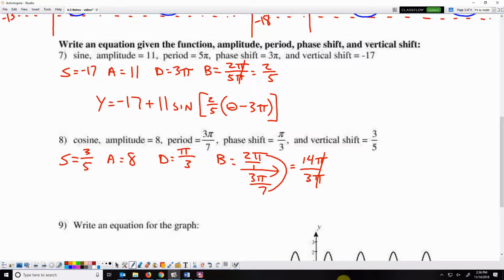So B is 14/3. Y equals sinusoidal axis, amplitude. Then I've got cosine, B, theta, and then the opposite of the displacement, minus pi over 3.